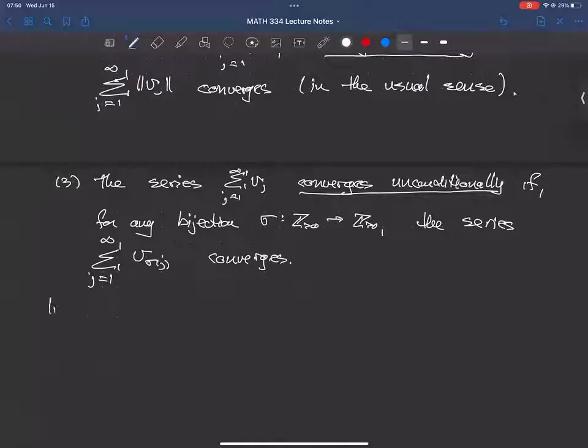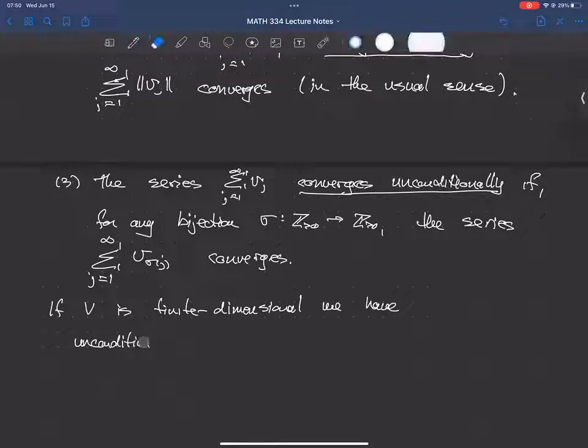Right. So if V is finite dimensional, we have unconditional convergence implies, well, is in fact equal to absolute convergence.